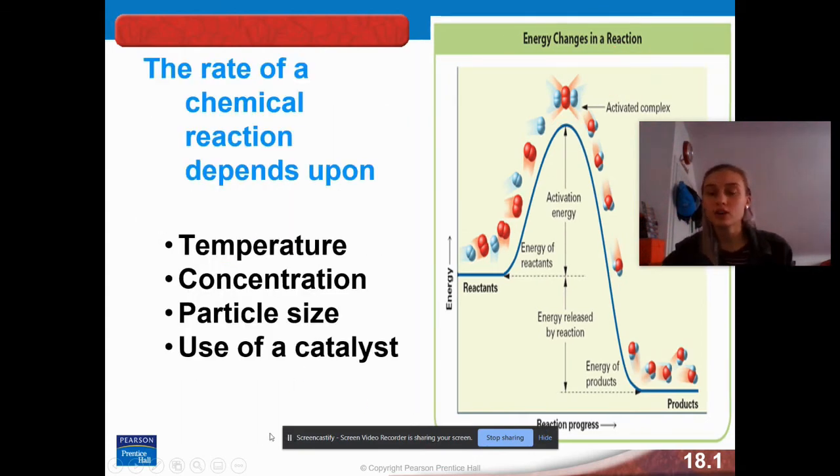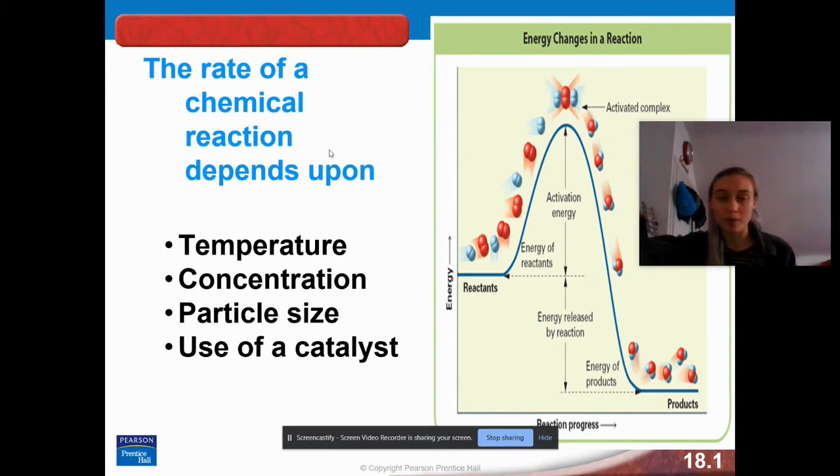And so, how fast a reaction is going to occur, the rate of the chemical reaction, depends on the temperature, the concentration, so how much of the things are in there, and particle size, so how big your particles are.